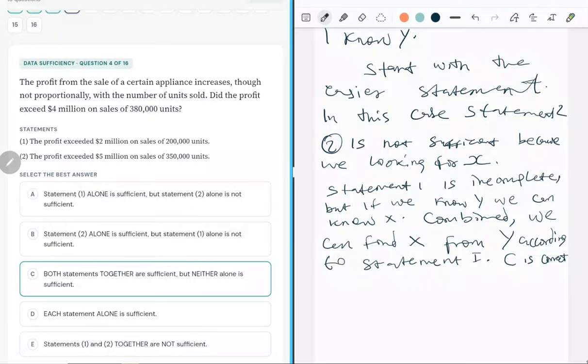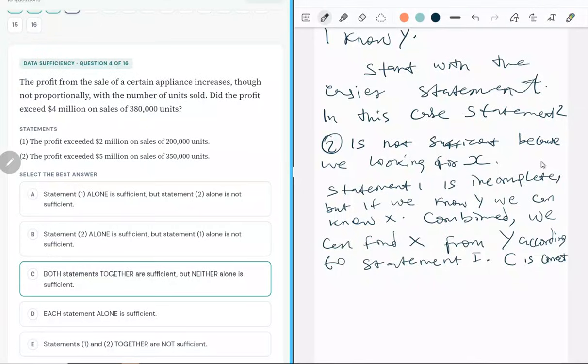The profit from the sale of a certain appliance increases, though not proportionally with the number of units sold. Did the profit exceed 4 million on sales of 380,000? I remember this question.